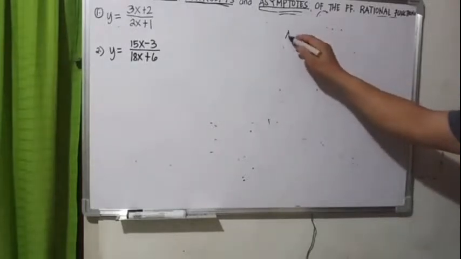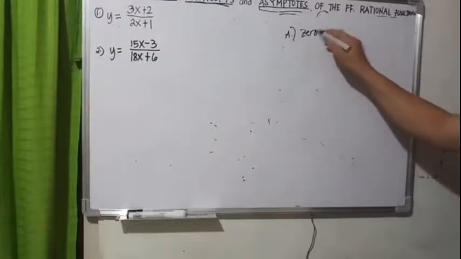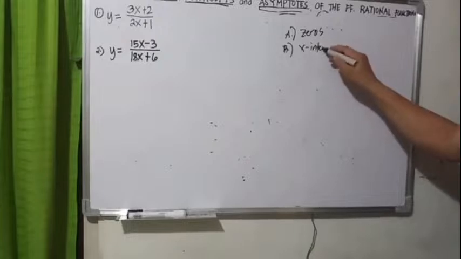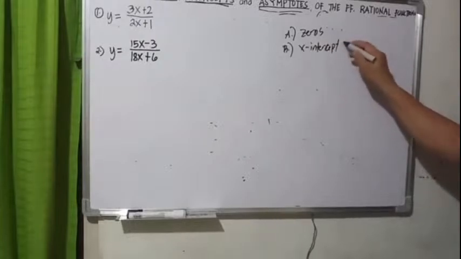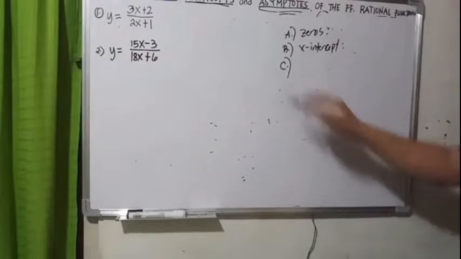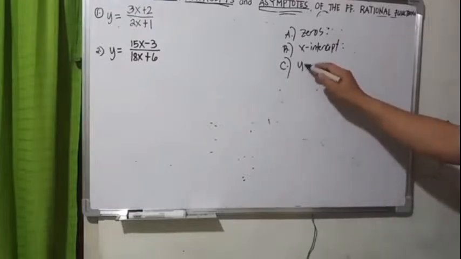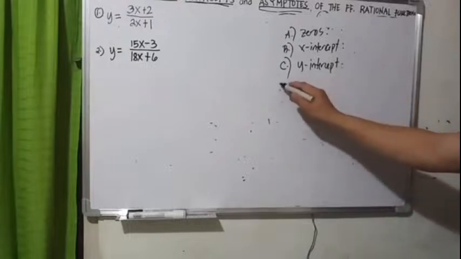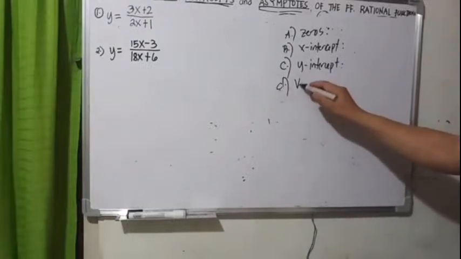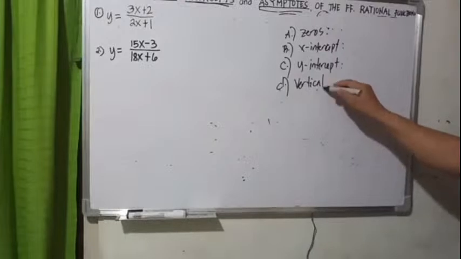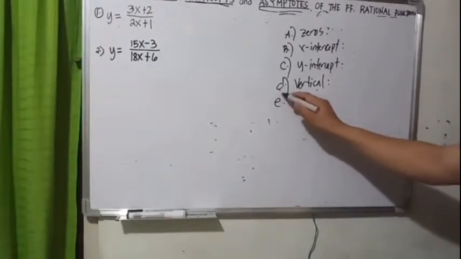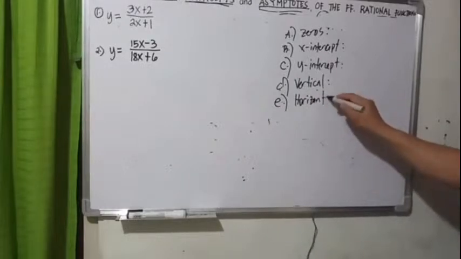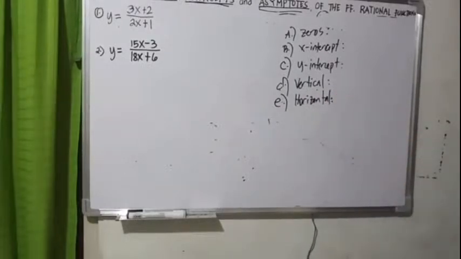So letter A, zeros. Letter B, x-intercept. Letter C, y-intercept. Letter D, vertical asymptote. And letter E, horizontal asymptote.